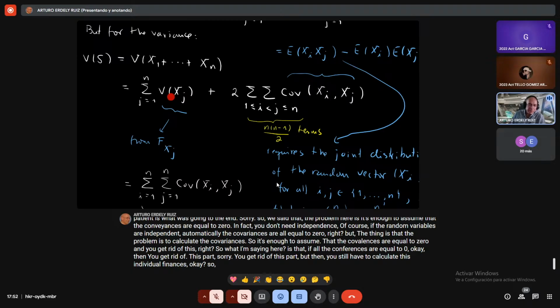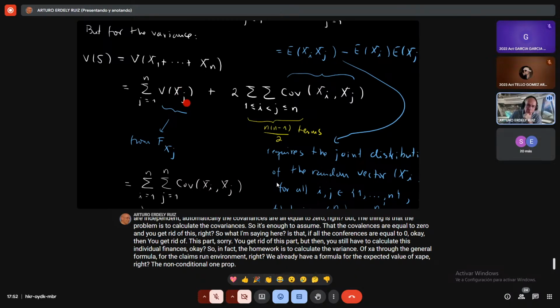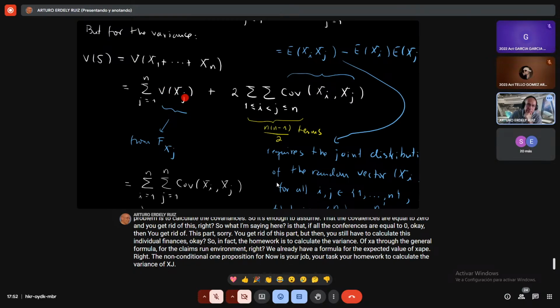So in fact, the homework is to calculate the variance of Xj through the general formula for the claims random variable, right? We already have a formula for the expected value of Xj, the non-conditional one, proposition 4. Now it's your task, your homework, to calculate the variance of Xj.